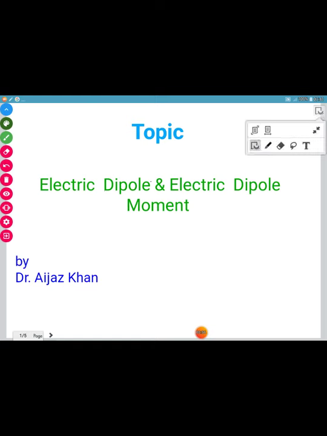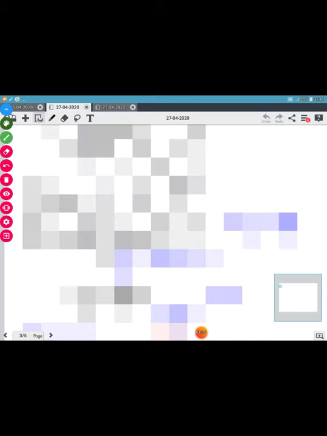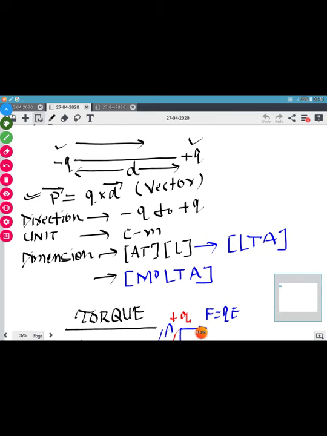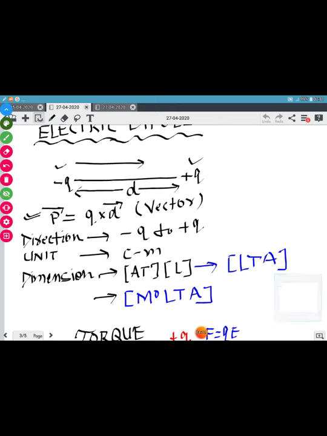So let's start and let's revise what is actually electric dipole and electric dipole moment. So what is electric dipole? How can we define electric dipole? It is basically a system of two equal and opposite charges which are separated by a very small distance d.